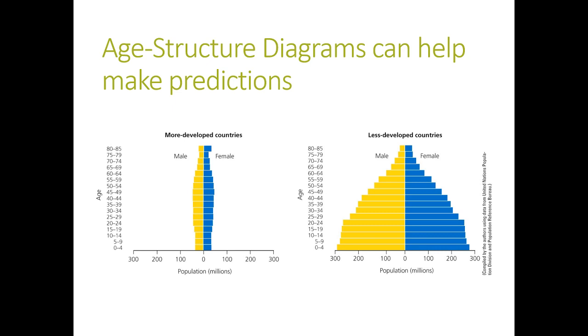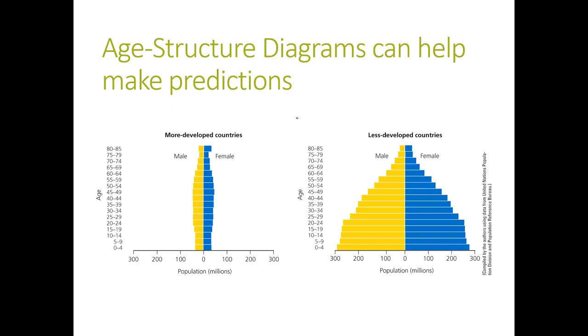When we're looking at developed versus less developed countries, typically we see a more rapid growth in less developed countries than we do in developed countries. We also see an earlier drop-off because in a less developed country, you have less survivorship. A less developed country is going to actually have a survivorship curve that's a little bit closer to a type 2.